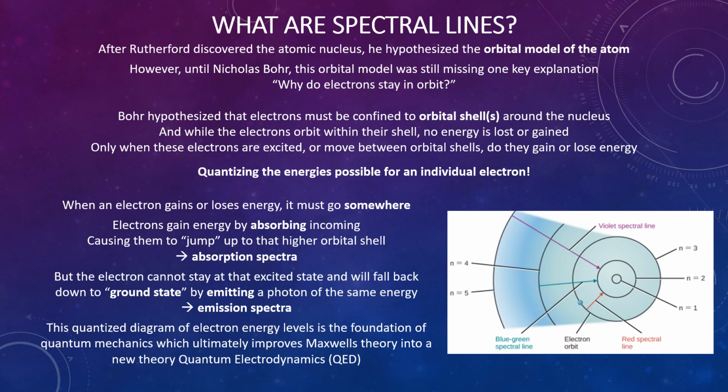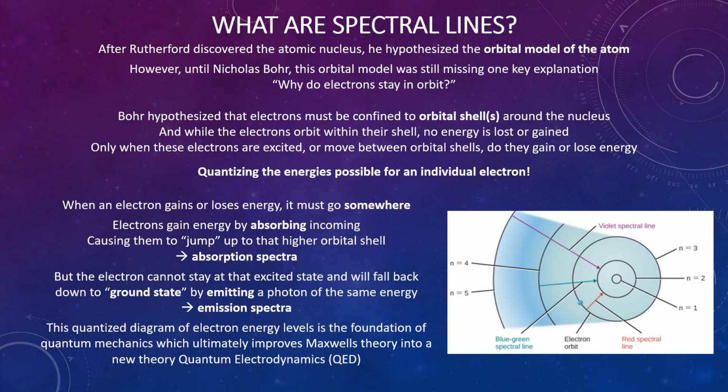So when an electron loses or gains energy, it has to go somewhere. And if it is absorbing incoming energy, it can jump to a higher orbital shell. This is what gives us that absorption spectra. But electrons don't want to stay in their excited state. They will eventually emit that energy out and fall back to their ground state.